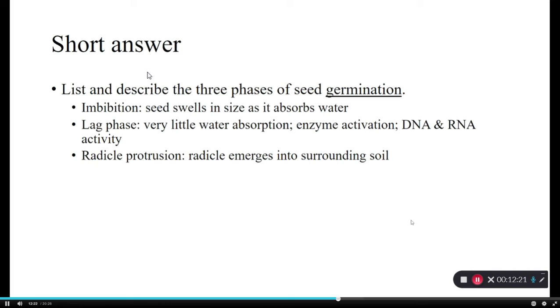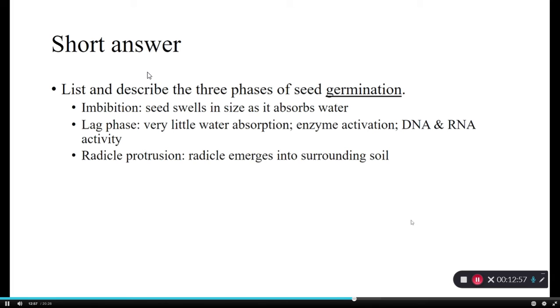The first short answer is list and describe the three phases of seed germination. So again, seed germination. You place the seed in soil, add water. How do we describe germination? We can do that in three phases: imbibition of water, where it swells. The second phase is a lag phase, where the seed appears to be sitting in the soil, but actually there's a tremendous amount of metabolic activity occurring in this lag phase.